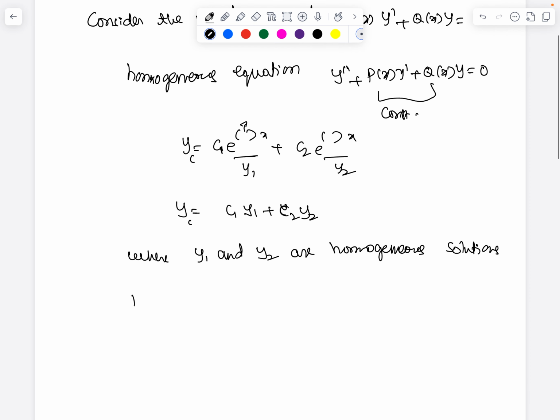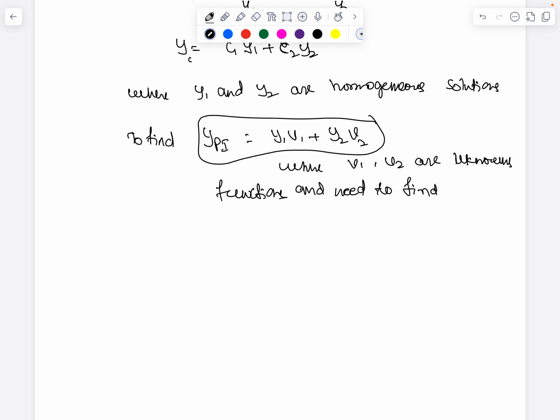Now, to find y p, we assume the solution is of the form y1 v1 plus y2 v2, where v1 and v2 are unknowns. The only condition is that y1 v1 plus y2 v2 has to be a solution, but there are two functions involved, v1 and v2 that we have to find, so there is a lot of choice.